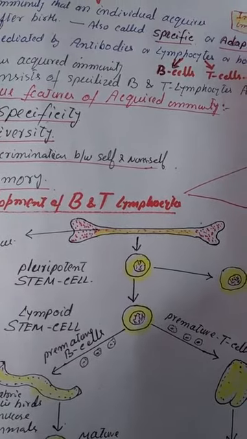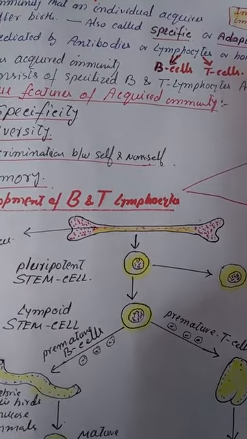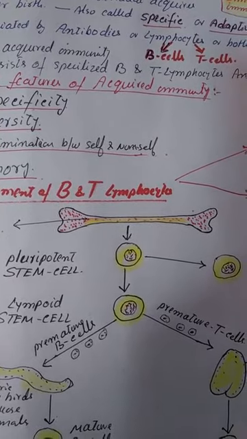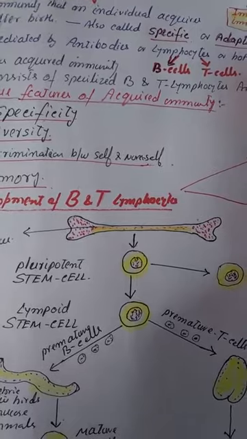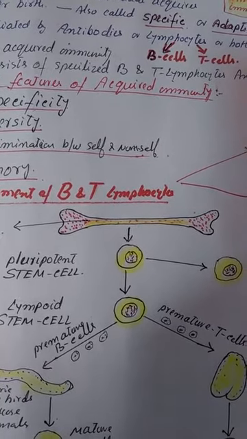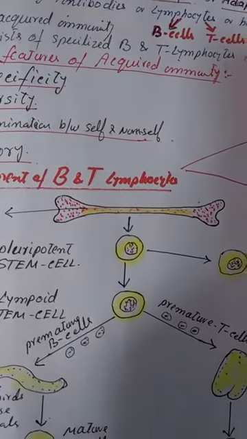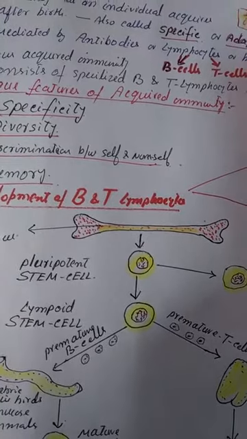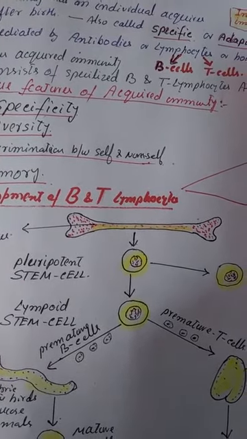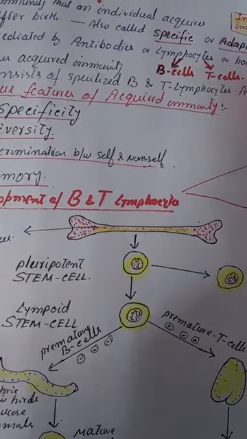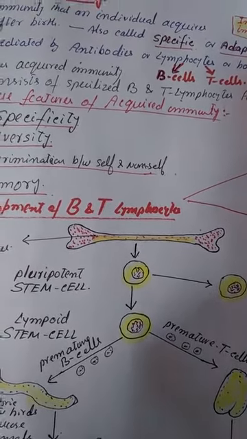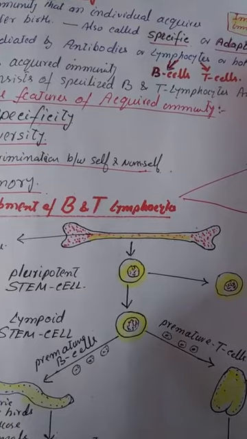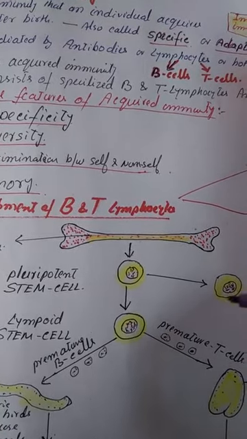The immune system retains the memory of the first encounter. As a result, a second encounter is met more quickly and abruptly than the first encounter. That is the secondary response, which is very abrupt and fast. This proves that this type of immunity has the memory of the first attack by the microbe.